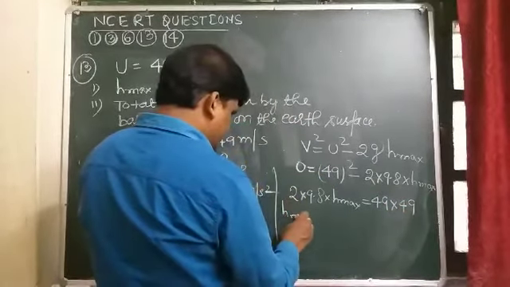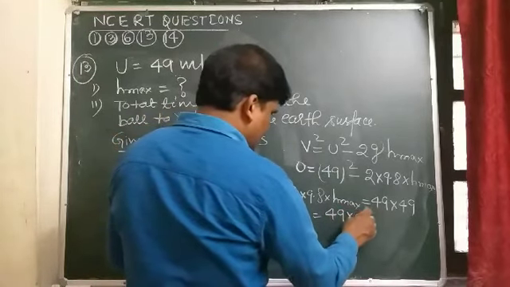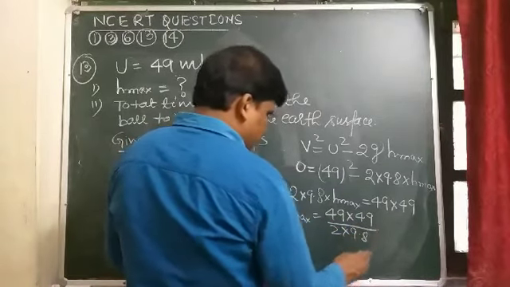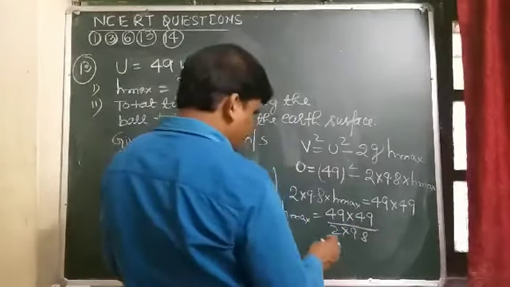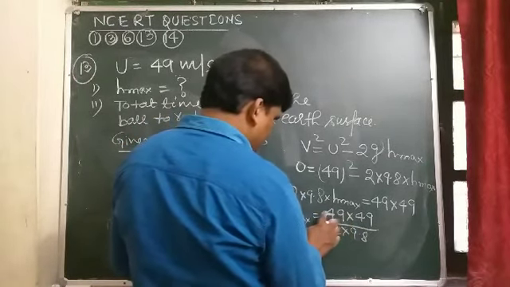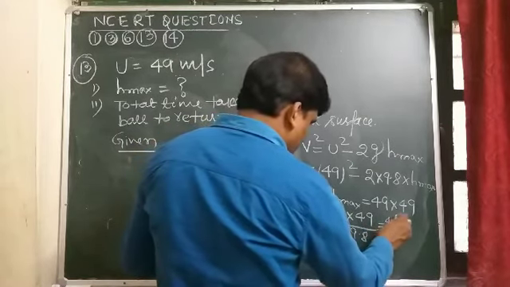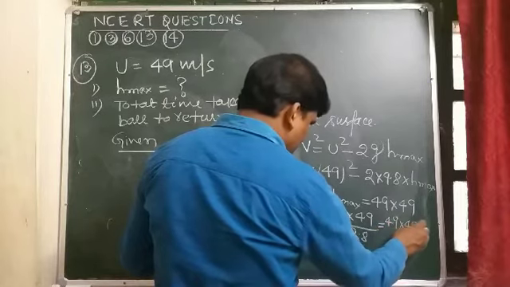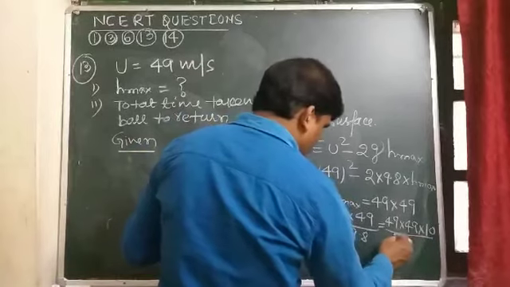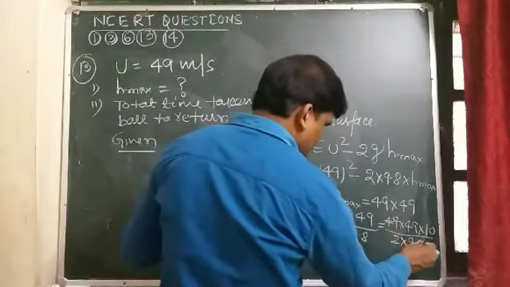So h max, the maximum height, can be written as 49 into 49 divided by 2 into 9.8. And students, if this decimal is removed, we can write 49 into 49 into 10 by 2 into 98, and then 49 cancels.